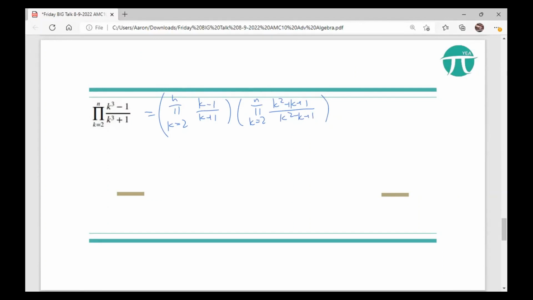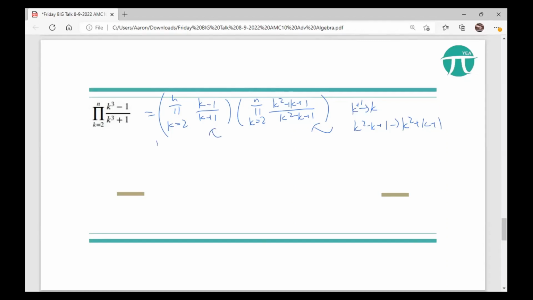And if you notice, plugging k plus 1 into k turns k squared minus k plus 1 into k squared plus k plus 1. So really, this all basically cancels out except for a bit, and the same goes for this. So we can do these separately.